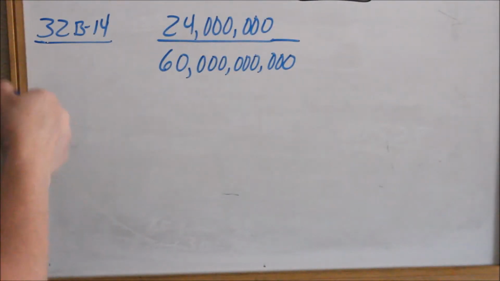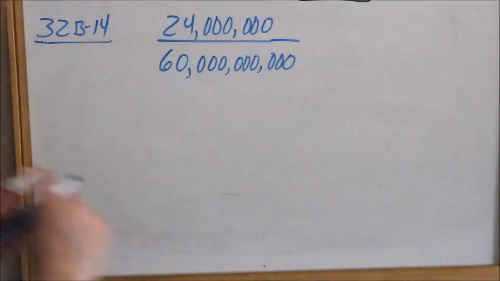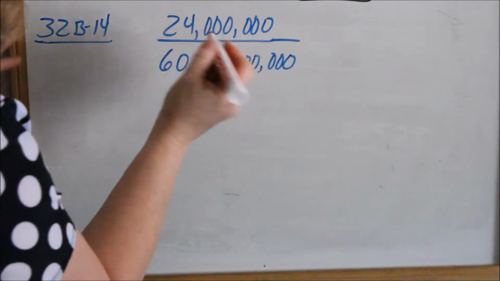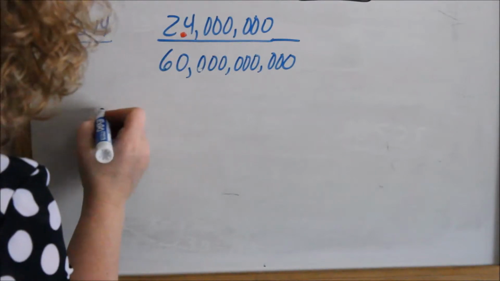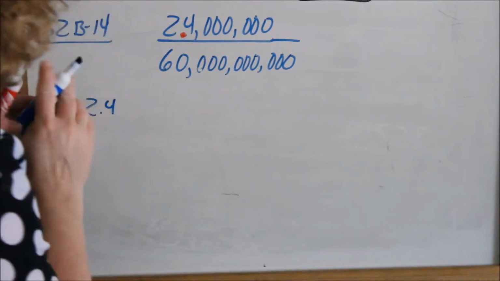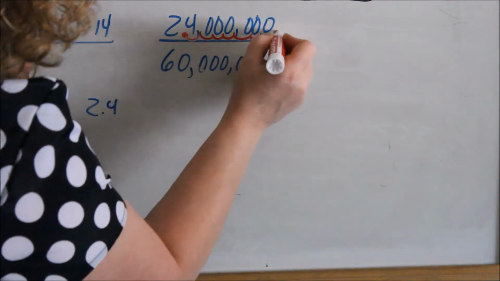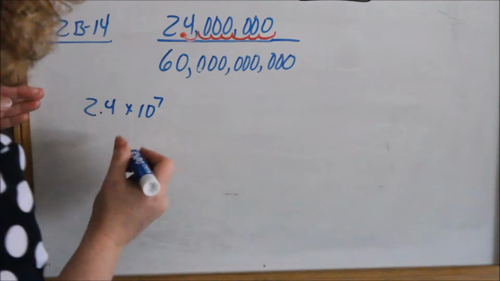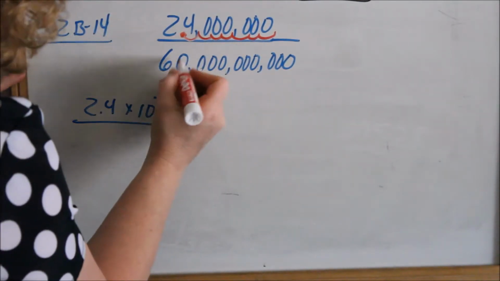So the first thing you do is put each problem into scientific notation form. So let's take 24 million and put it into scientific notation. You put your decimal after your first significant digit, so that would be 2.4, and then you count over 1, 2, 3, 4, 5, 6, 7. So it'll be 2.4 times 10 to the 7th divided by, now let's do 60 billion.